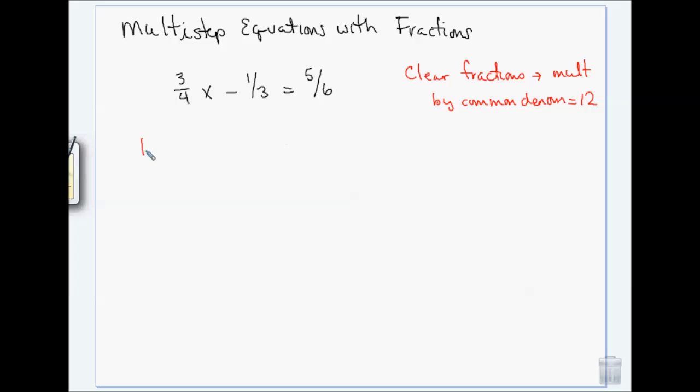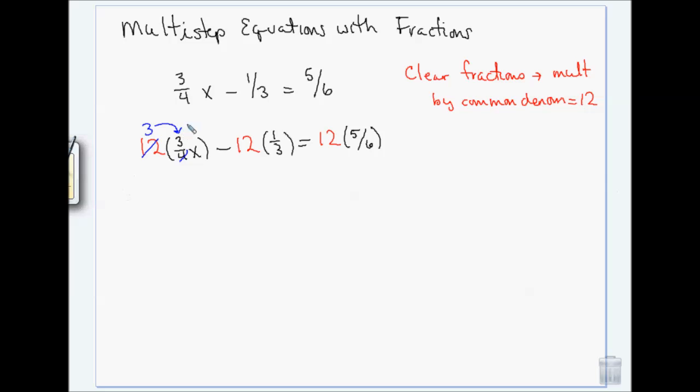Okay, so I'm going to do 12 times 3/4 x minus 12 times 1/3 is equal to 12 times 5/6. Okay. 4 goes into 12 3 times.